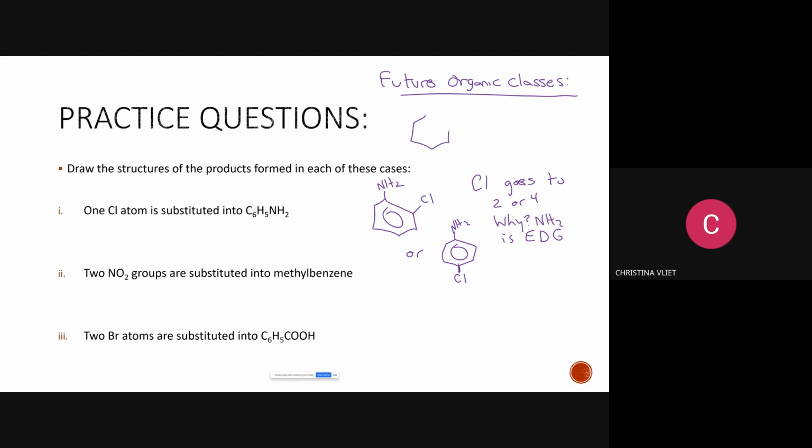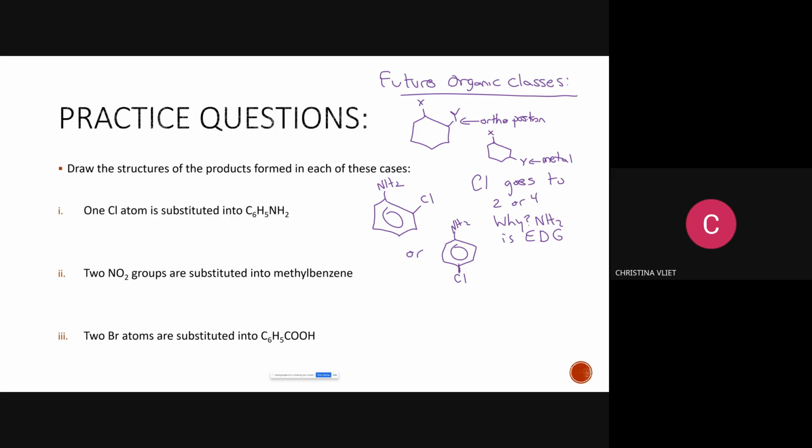If your Y group is 1 away, this is called the ortho position. If your Y group is 2 away, this is called the meta position. And I was hoping this wouldn't show up on the Olympiad. It didn't last week.